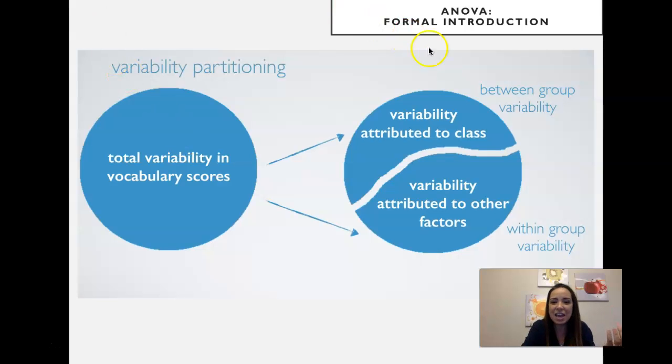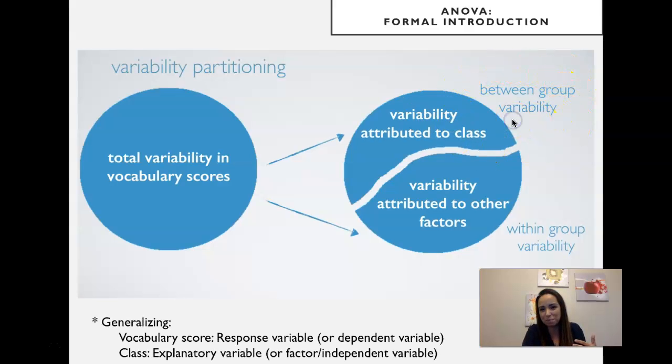And if it's high enough compared to the variability left over, the variability that's not explained by the groups, then our F ratio will be high, because remember, the F ratio is the ratio between between group variability and within group variability.